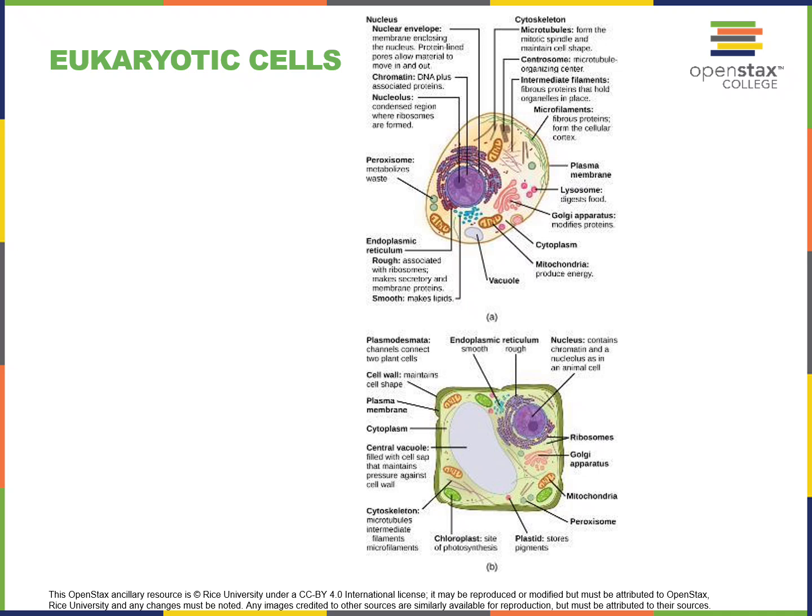Again, in eukaryotic cells, there's a lot going on. There's a lot of organelles, but we're going to go through them bit by bit. Okay, so the first one that we're going to talk about is the nucleus. The nucleus is this guy right here.